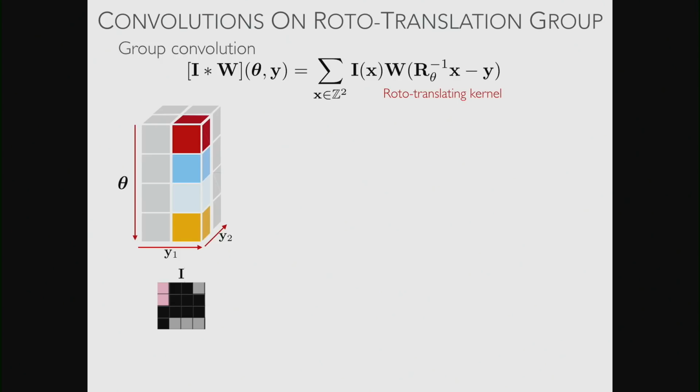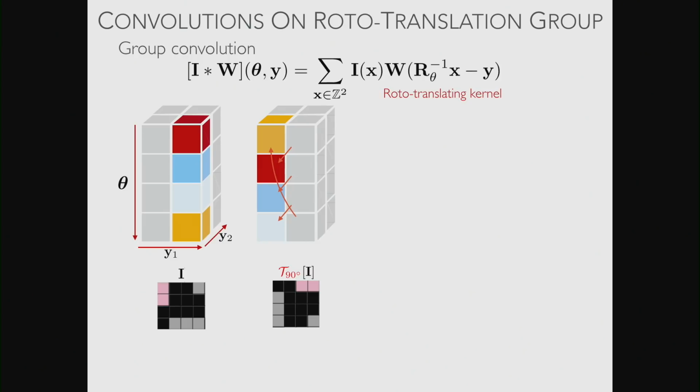And so what happens when I rotate my input? Well, the responses corresponding to this bottom right column here, when I rotate my input, spatially are actually going to rotate in space.